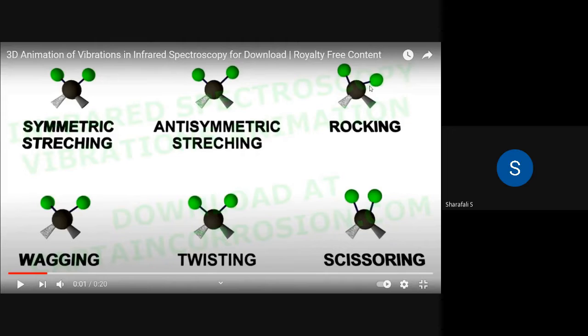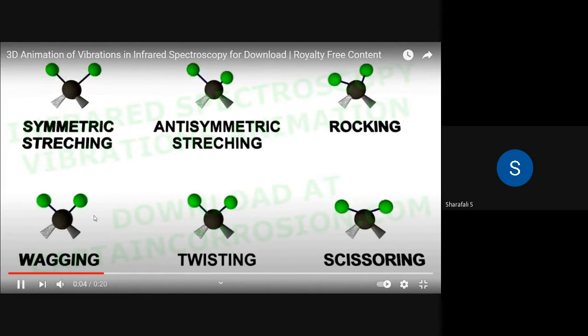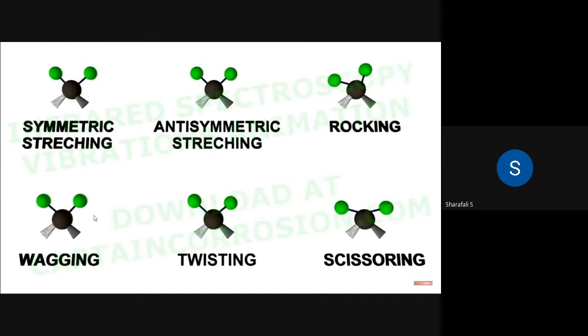So here the angle is going to change, and it is called rocking, and rocking happens in the plane of the screen. But in the case of wagging, it is a back and forth action. You can see.